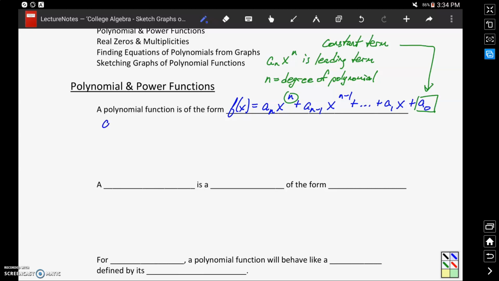We do have a few specific additional statements related to these polynomials, or this general form. A sub n, that leading coefficient, can't be equal to 0. All the coefficients, a sub n minus 1, and so on, including that constant term, have to all be real numbers.